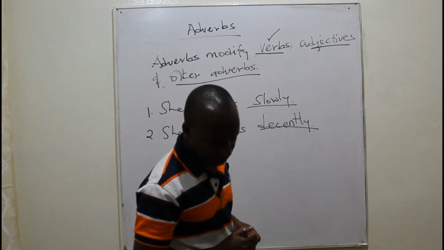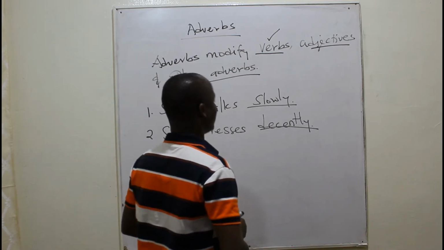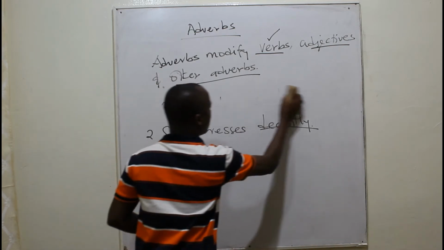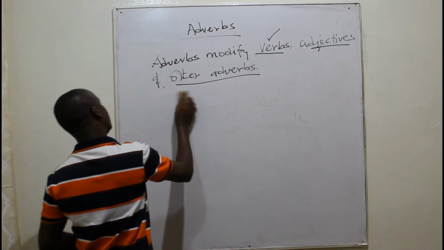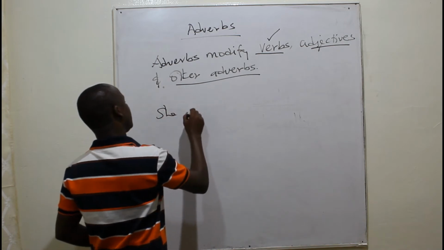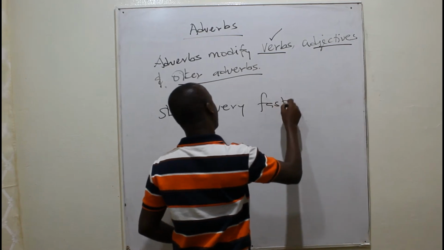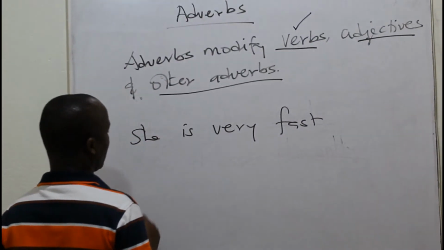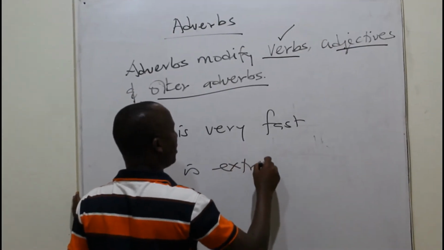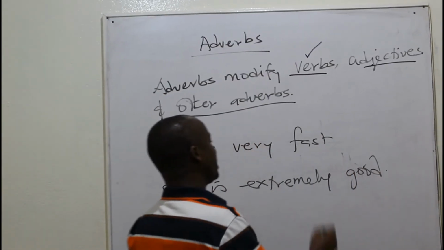Then the second one says that adverbs modify adjectives. So we look at it. She is very fast. Or she is extremely good.